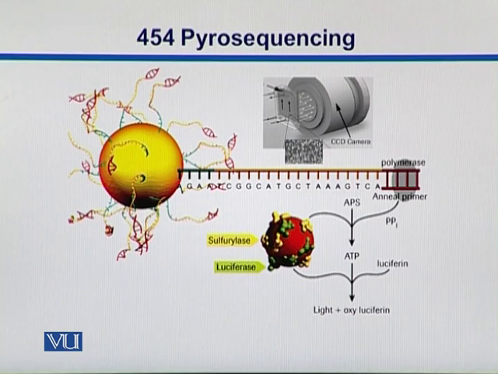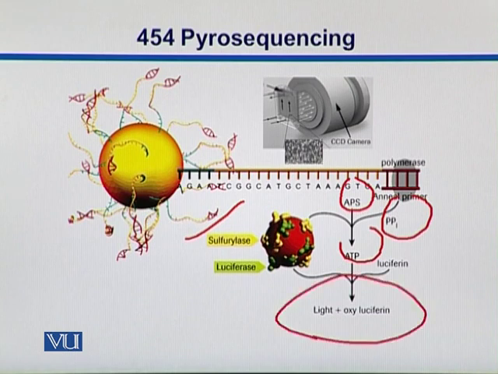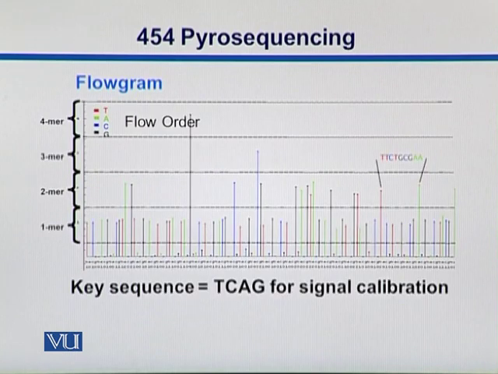Whenever a nucleotide gets incorporated, a pyrophosphate molecule is released, and this pyrophosphate molecule then interacts with the molecule APS, and forms an ATP with the help of the enzyme sulfurylase. This ATP then interacts with luciferin in the presence of luciferase, and then it gives us a light signal, which is right here.